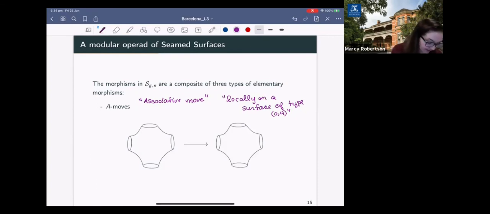So this could be connected to a bunch of other stuff. And an A move is going to be something that takes alpha as part of my Pants decomposition of the surface.